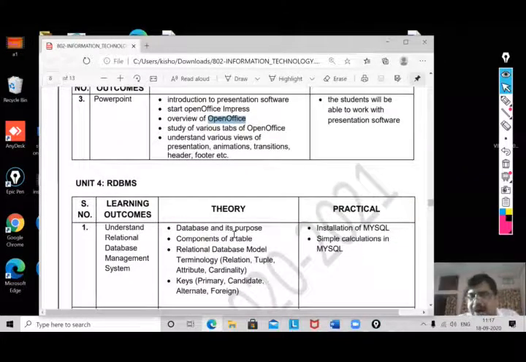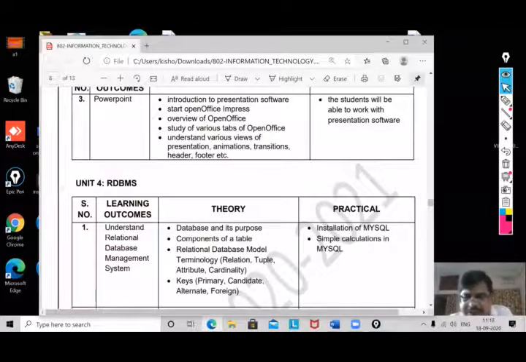Now the next unit is RDBMS, Relational Database Management System. Yes, it has the concept of database, my dear. In this we will know how to create a database in MySQL.